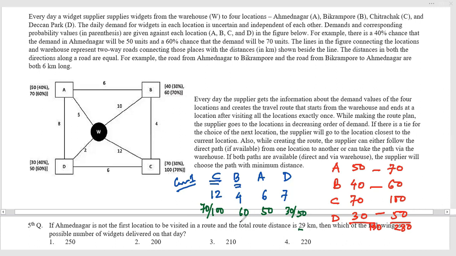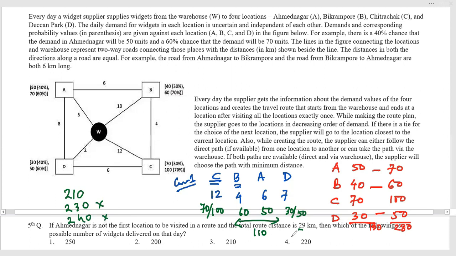So 110, this addition is 110. After that, 70, 30, 100 it can be, that means 210. 210 is a possibility I can see here, and the rest are more than that. 70, 50 is 120, plus 110, so 230. 230 I can't see, so it is not. 130 plus 110, 140, that means 240. 240 is also not there.